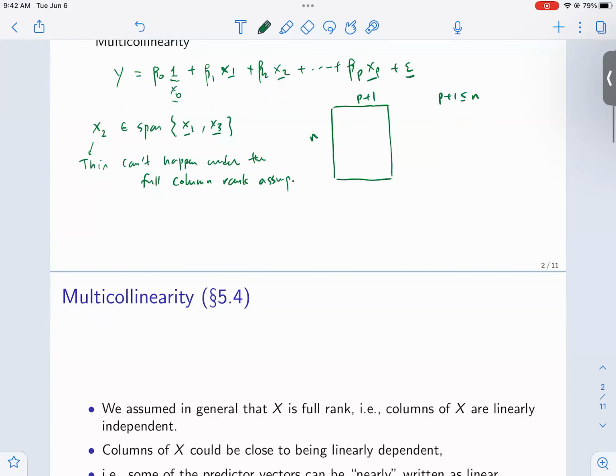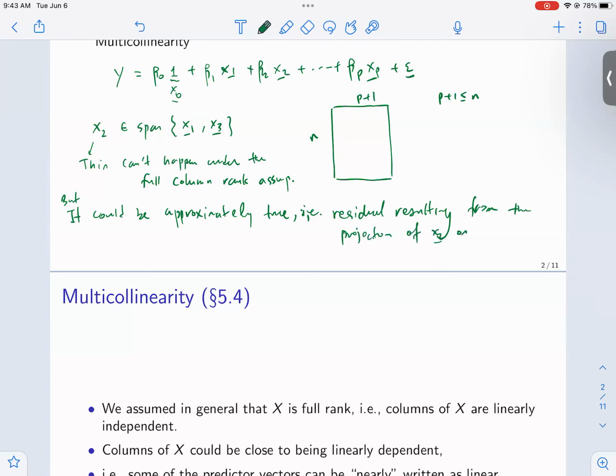So it could be approximately true, i.e. the residual resulting from the projection of x2 onto the span of x1 and x3 could be small.